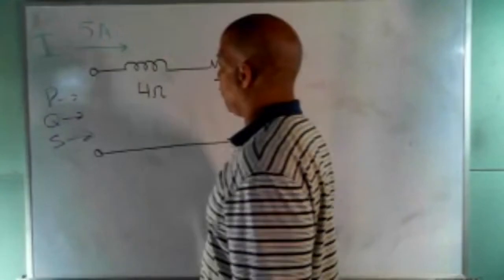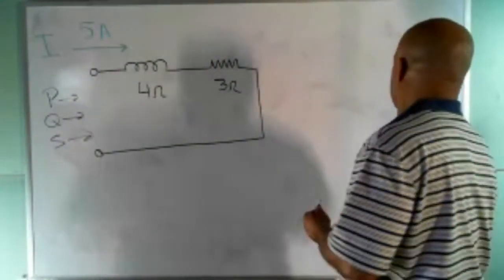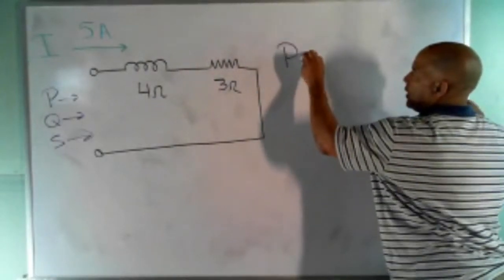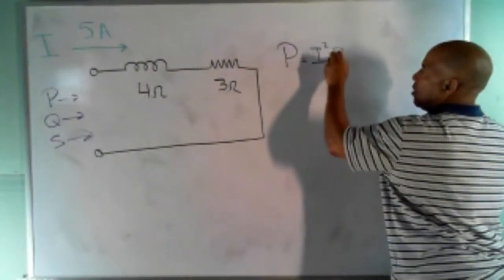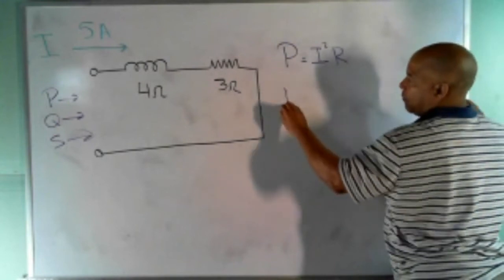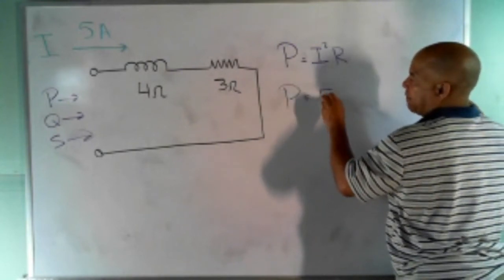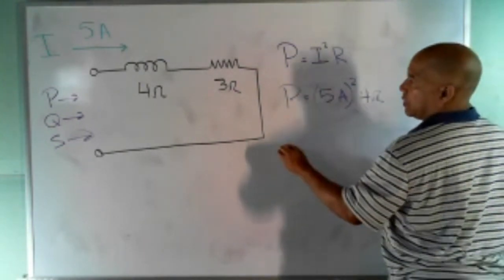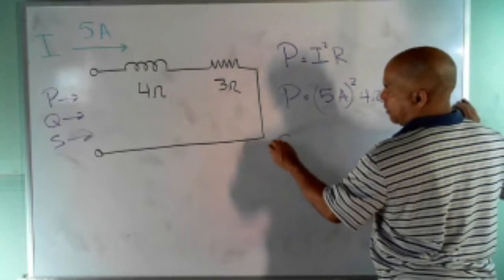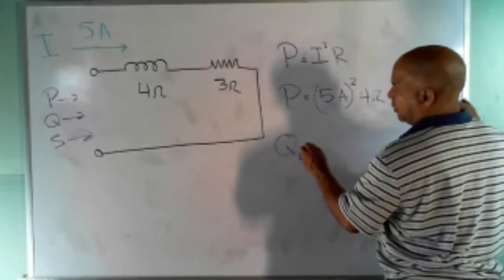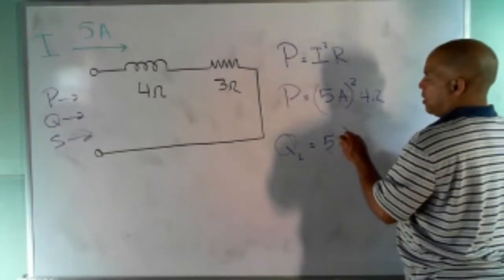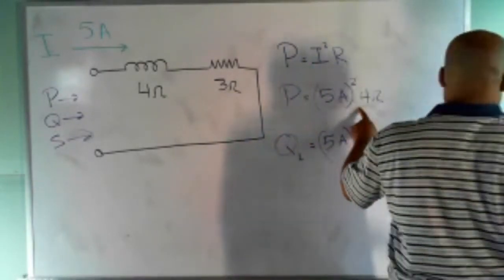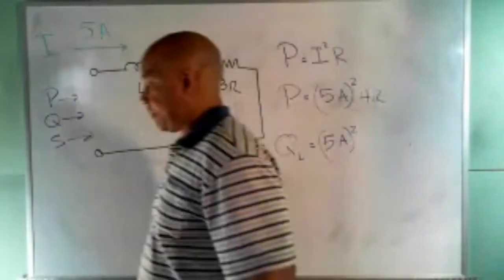All right, so I want all three, P, Q, and S. For this one, we're going to use P as I squared times R. So P is going to be 5 amp squared times 4 ohms. QL is going to be 5 amp squared, that's not right, that's a 3.